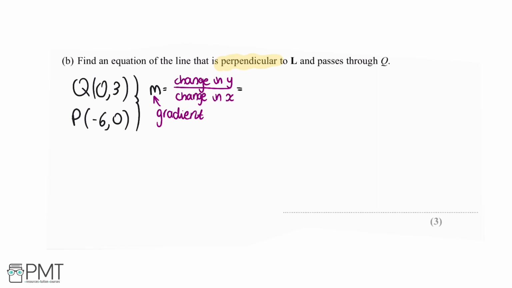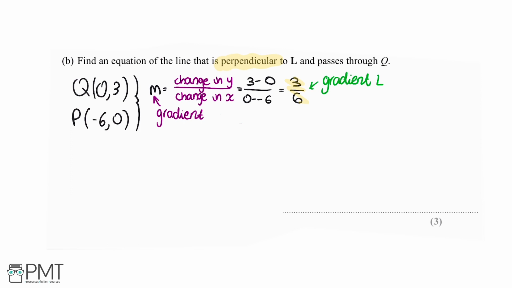The change in y is the y of Q minus the y of P, so 3 minus 0. Over the change in x, keeping it the same way around, the x of Q minus the x of P, so 0 minus -6, which gives us 3 over 6. This is the gradient of the line L.